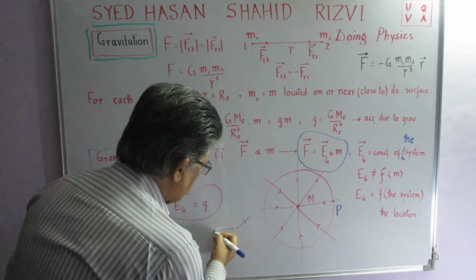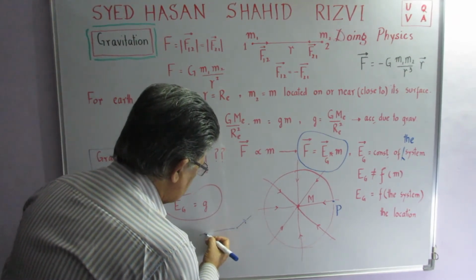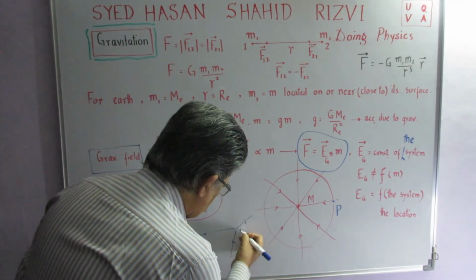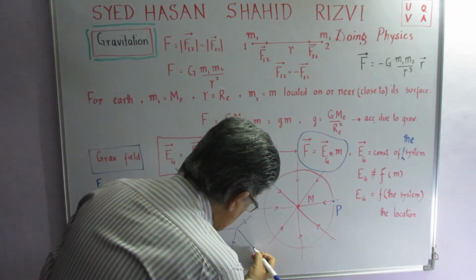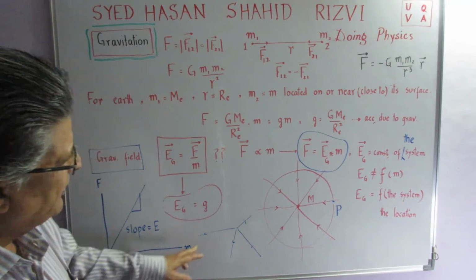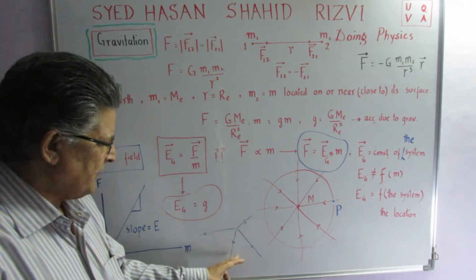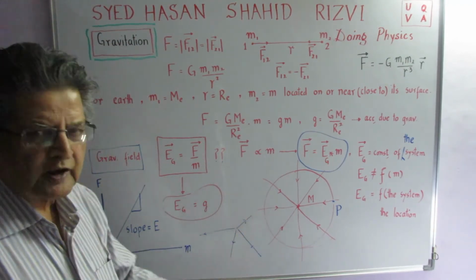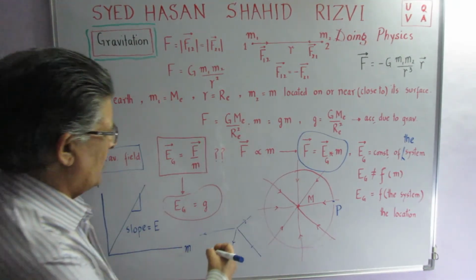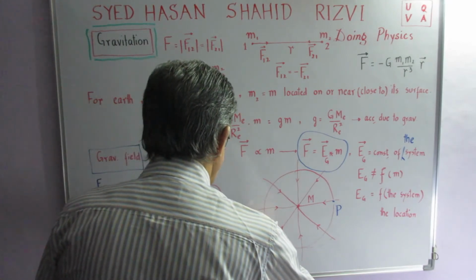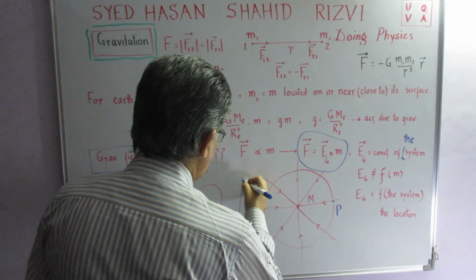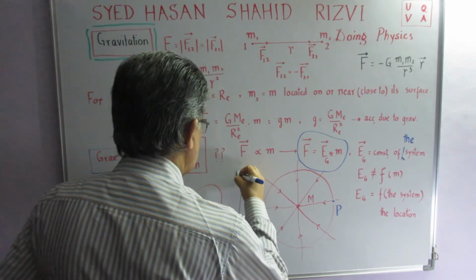We can have several other masses, we can take them individually, we can have several vectors like this, and then ultimately we can have this vector plus this vector plus this vector plus that vector, etc. And finally I can obtain, at this point, a force in this direction.